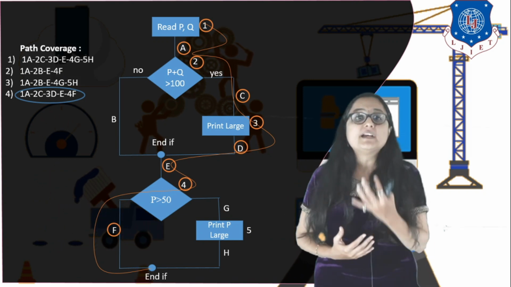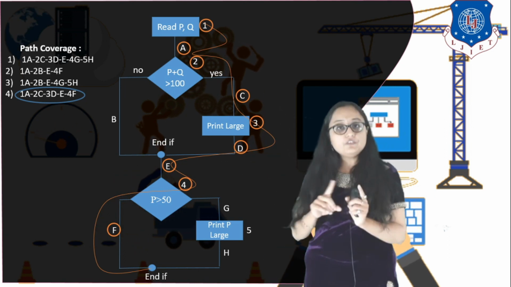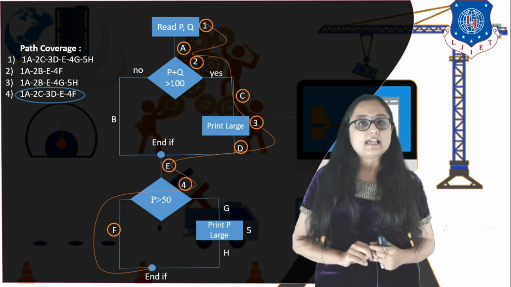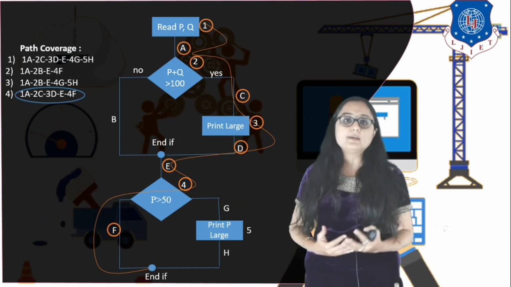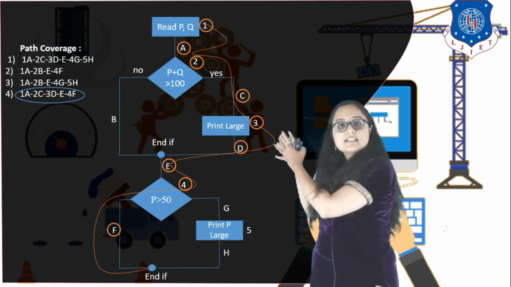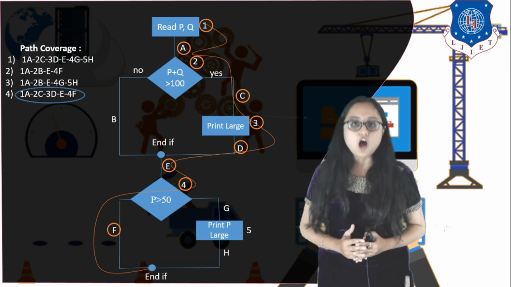It means the expected output should be equal to the actual output for every path. If it is not, then the test case has failed, right? So it is possible that the developer has to look for some inconsistency in the path where you are not getting the expected output, okay?